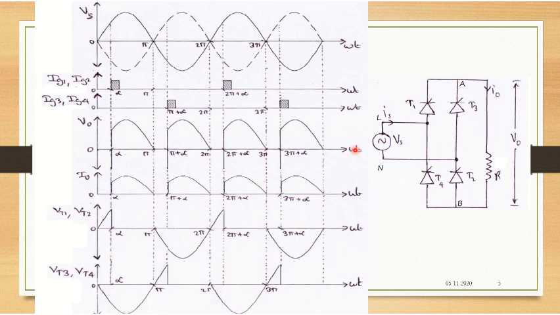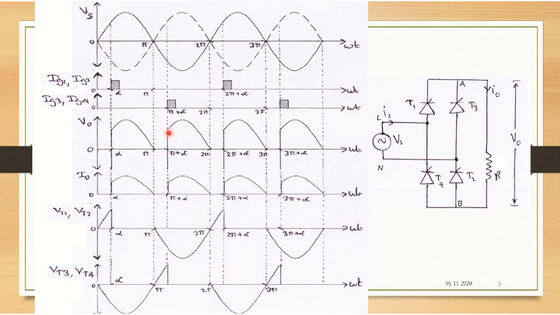All right. So imagine this is your pulse, what you're applying at pi plus alpha. So the moment you are giving this gate signal IG3 and IG4, T3 and T4 will be turned on. So in the negative half cycle, the conduction, that is the input, will be appearing at R. All right.